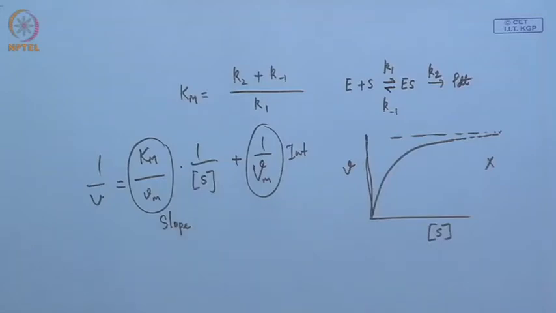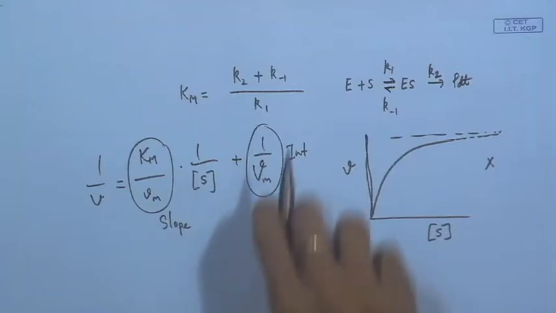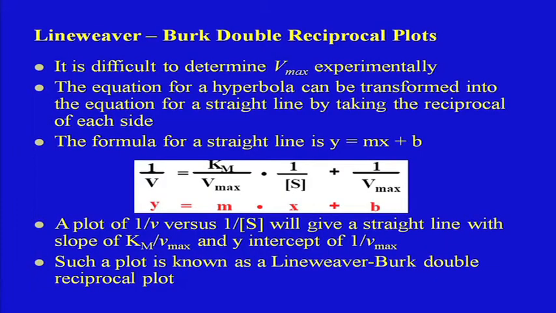Okay. So, you can easily deal with the data rather than dealing with it in a nonlinear fashion. It is in a linear fashion and you can manage the data easily. Okay. So, this plot is known as the Lineweaver-Burk plot or double reciprocal plot.